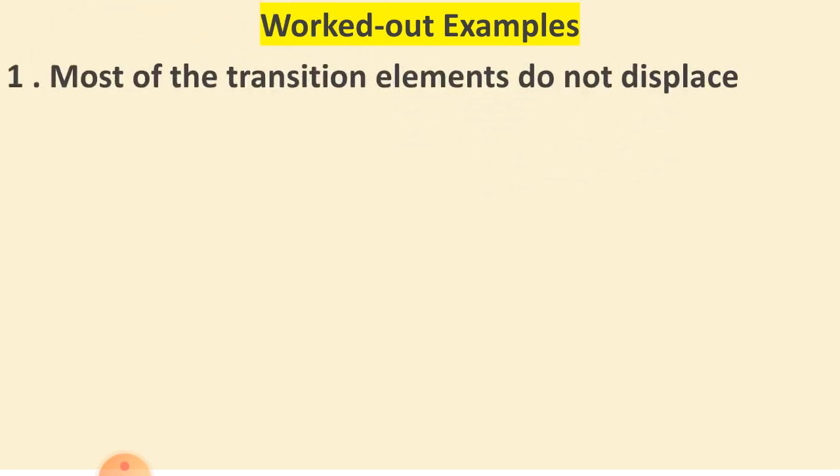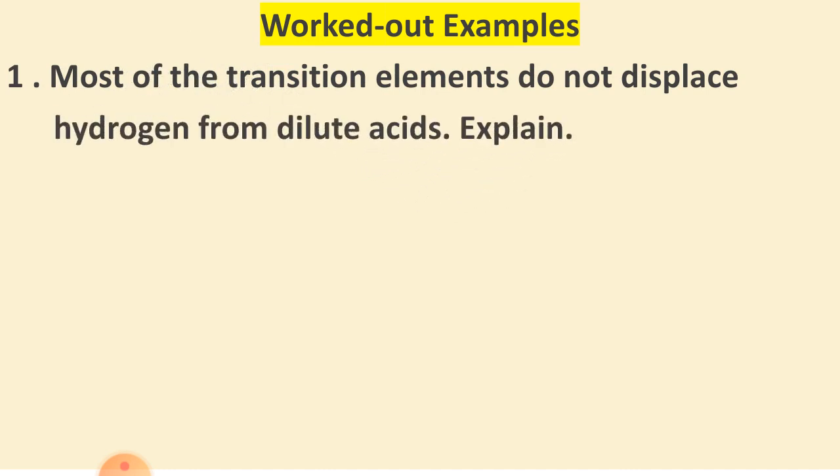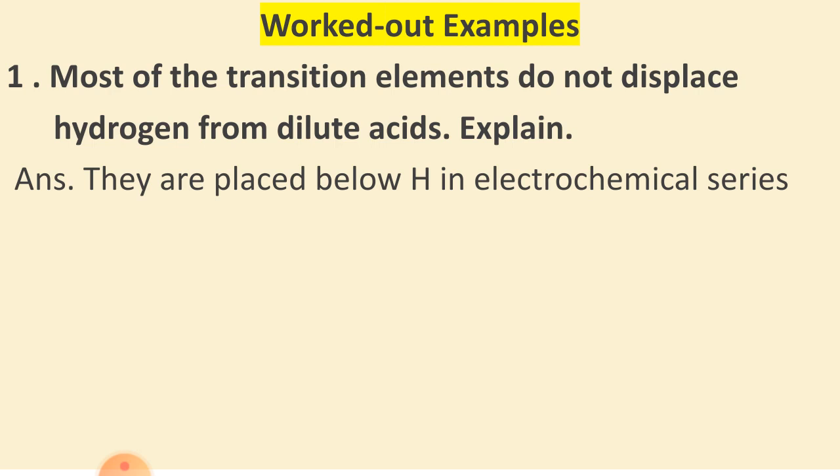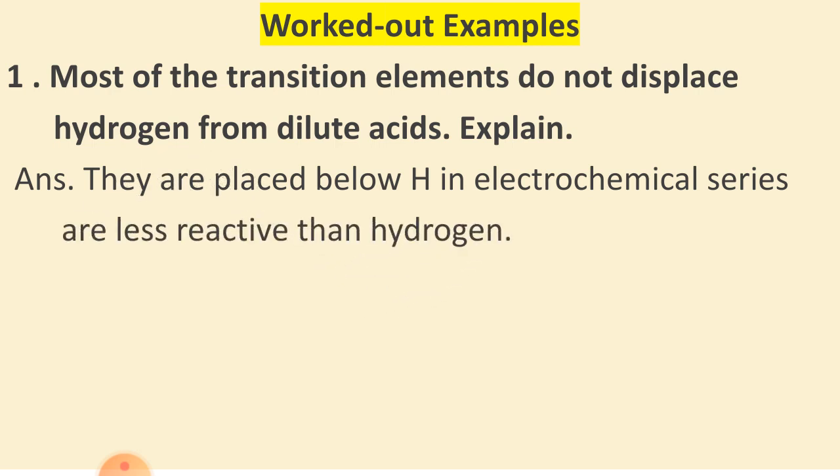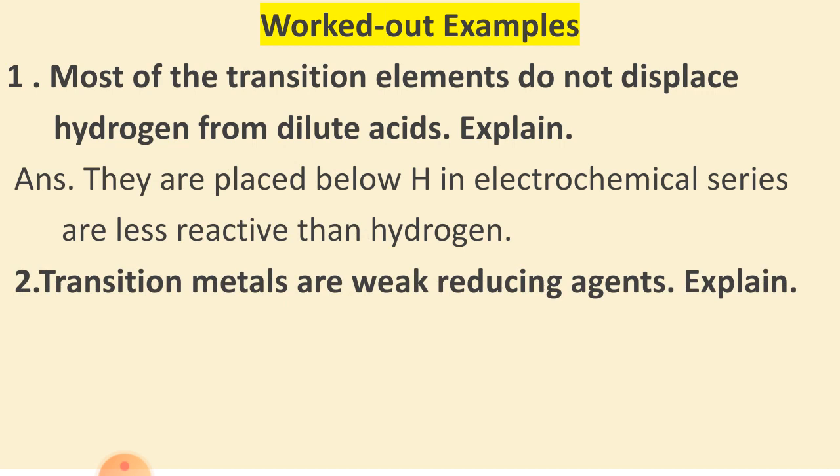Look at here. First question: most of the transition elements do not displace hydrogen from dilute acid. Explain. You can explain this on the basis of the electrochemical series, that is the E° value. They are placed below H in the electrochemical series, so they are less reactive than hydrogen. That's why they do not displace hydrogen from acid.